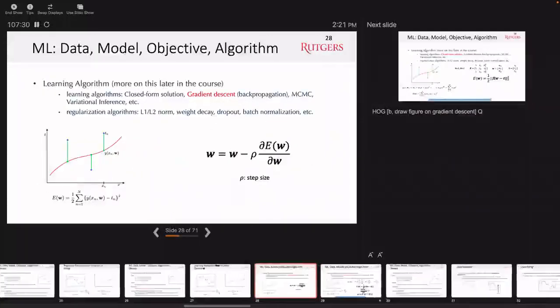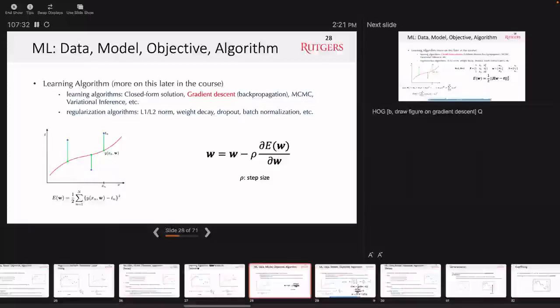As promised, we're going to talk about two learning algorithms. One of them is gradient descent, and this gradient descent is more closely related to deep learning algorithms. As we mentioned before, basically all deep neural network learning uses gradient descent, or more specifically stochastic gradient descent. We're going to see the difference later.